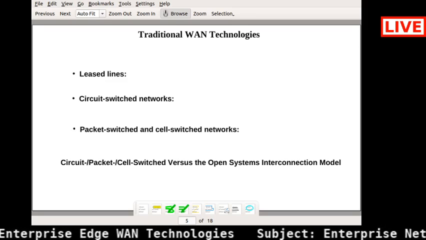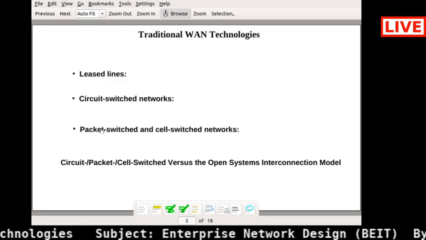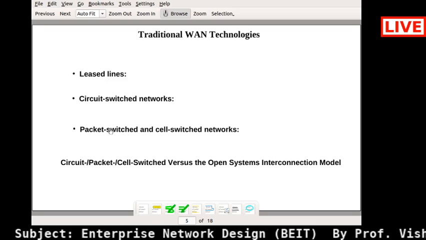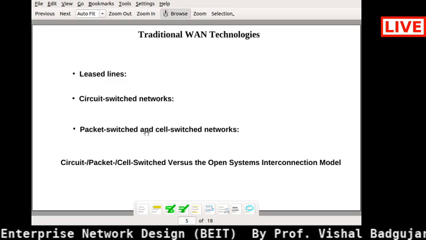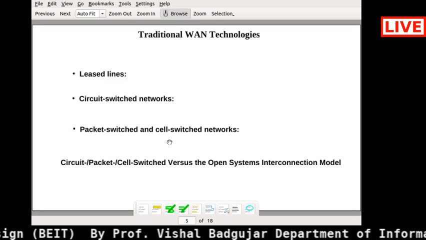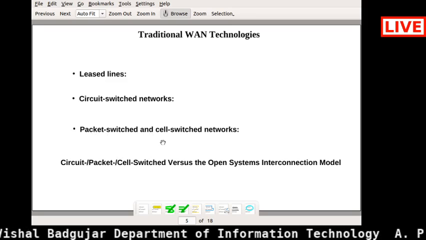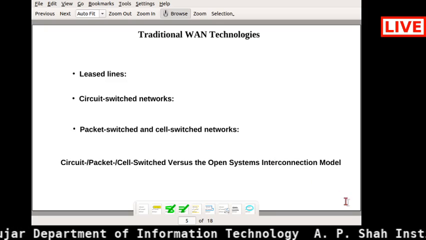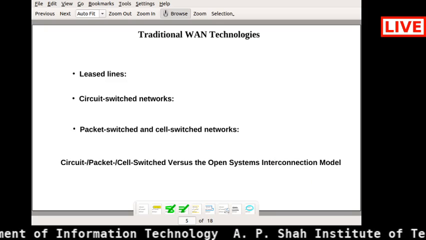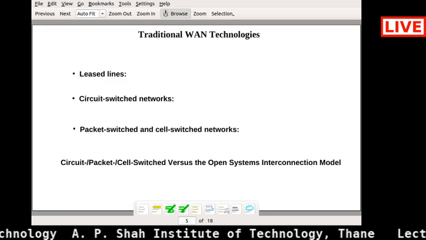Then the next one is the packet switched and the cell switch network, right? So we can call it a PVC or SVC, packet switched or permanent virtual circuits, or the switched virtual circuit we are going to use. So it will deliver packets among all the customer sites.